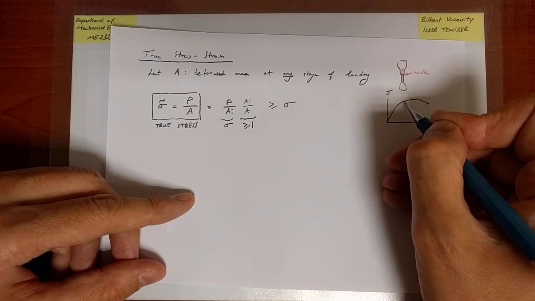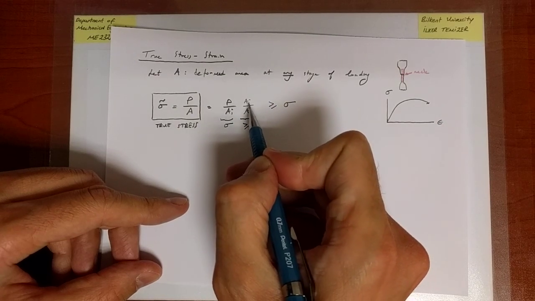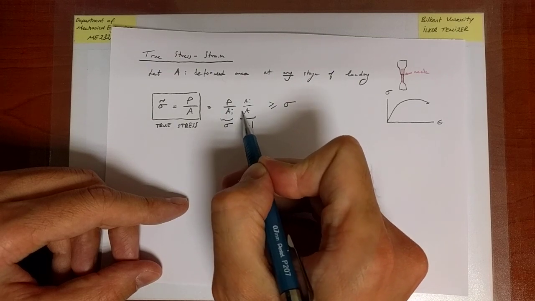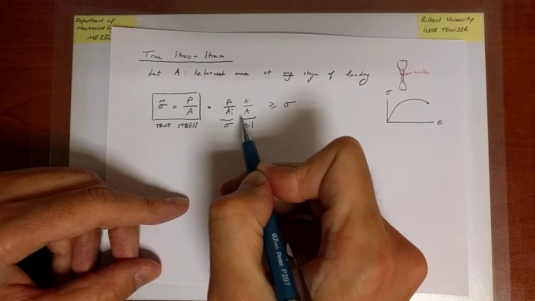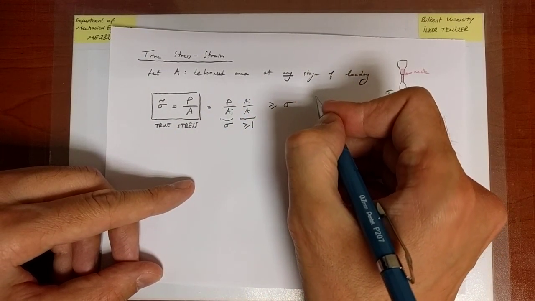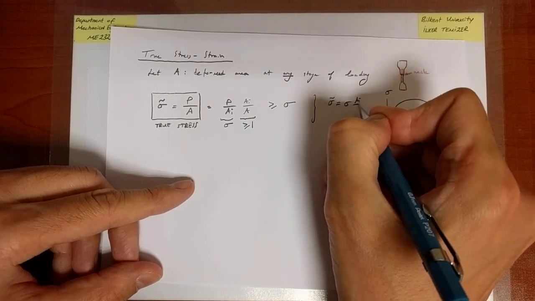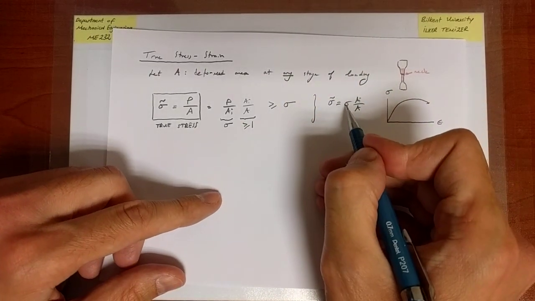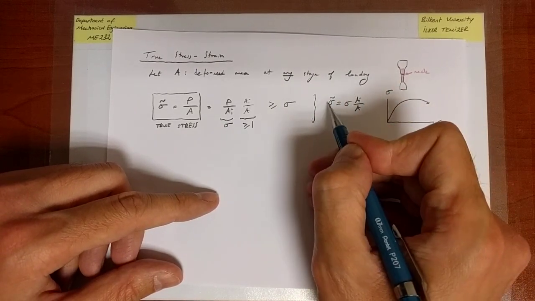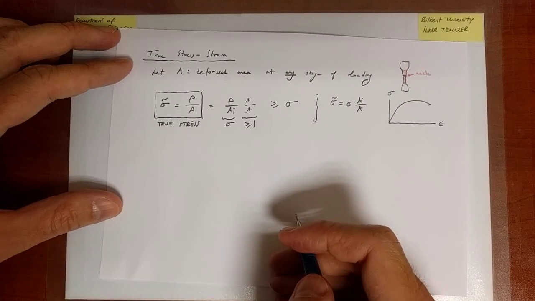If you also know the value of AI over A, so in other words AI is already known, if I know the deformed area at any stage of loading, then I can find the true stress as follows: the true stress is sigma tilde, sigma times AI over A. I can use that relation to convert engineering stress to true stress, and this relation is valid all the way up to failure.